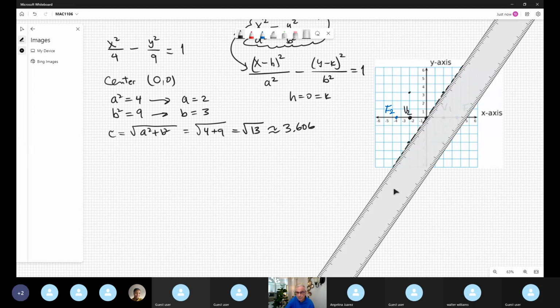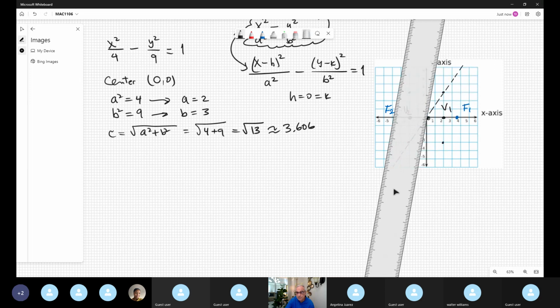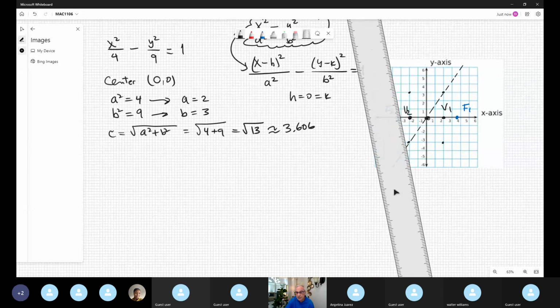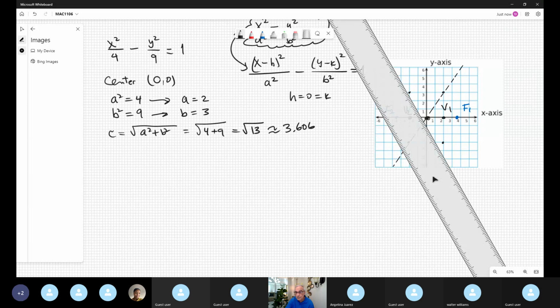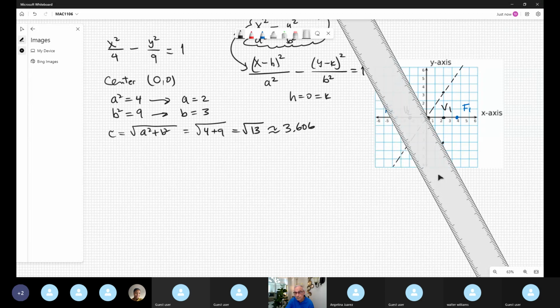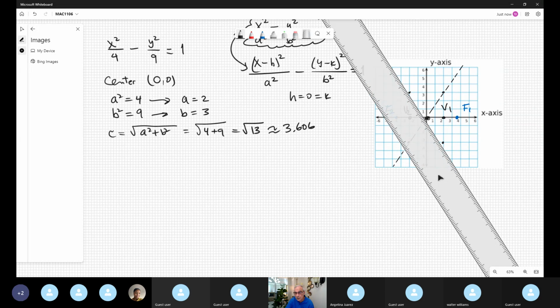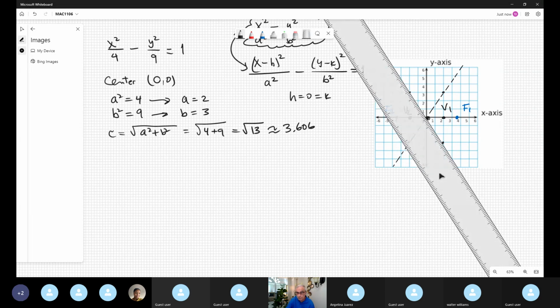Now I rotate. Another dotted line. Okay, cool.